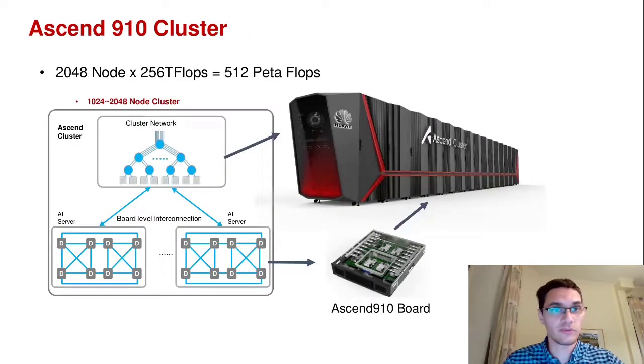Huawei also puts 2048 nodes together and forms an Ascend 910 cluster, which delivers the peak performance of 512 petaflops. Amazing. It has a hierarchical network structure connecting the nodes.